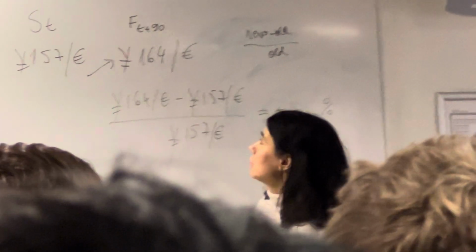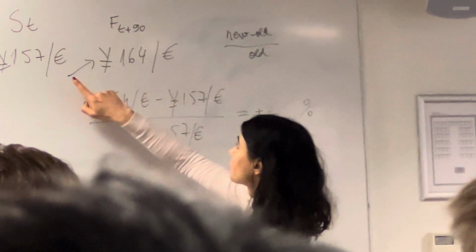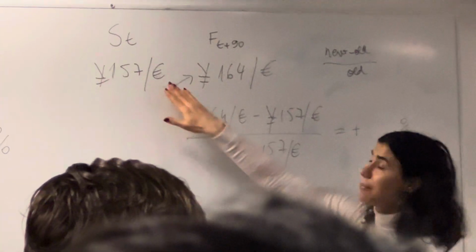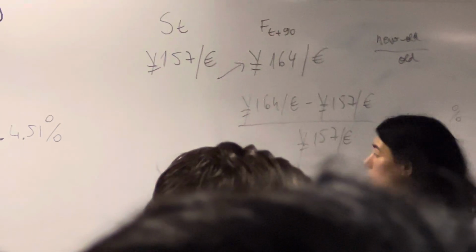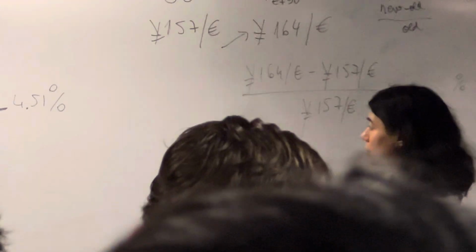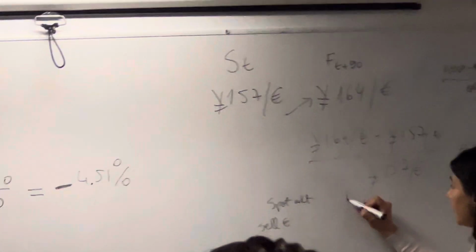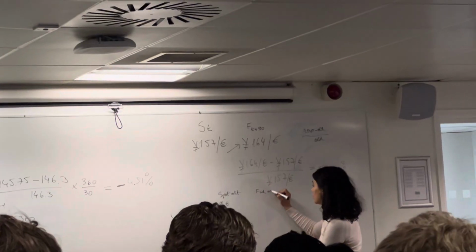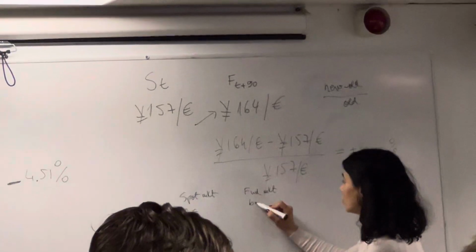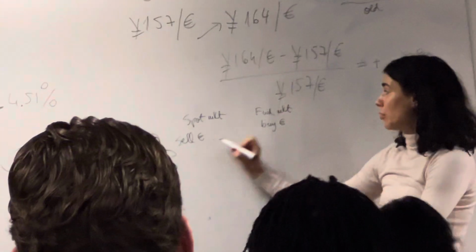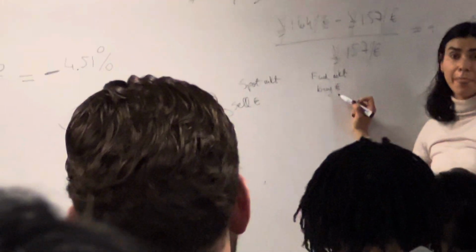So for example, in the spot market, you can do something to the euro. Let's say you sell the euro in the spot market. And then in the forward market, let's say you buy the euro, right? So you can sell spot and buy forward.